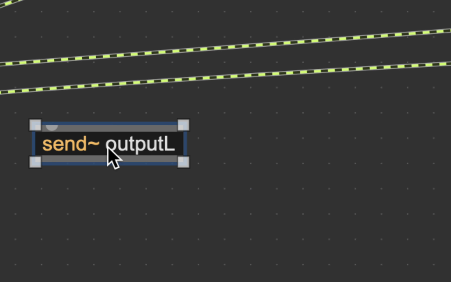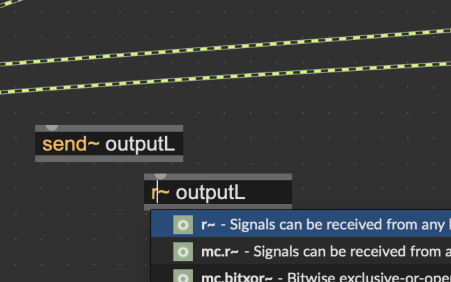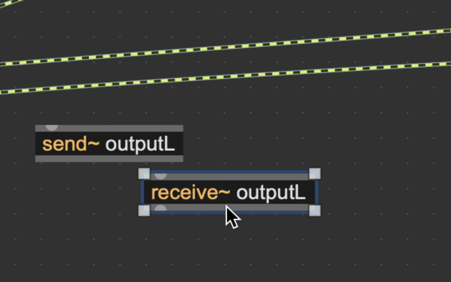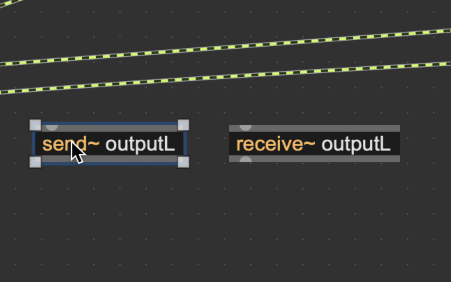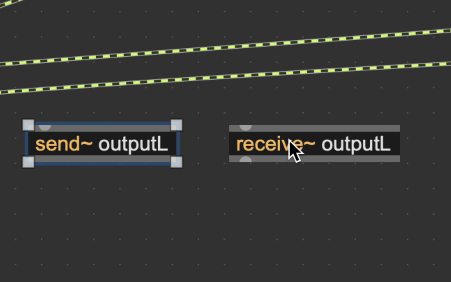And then have a receive tilde output left, and this will allow me to send a signal out and receive a signal somewhere else without a cable. And it can be really useful, obviously, to clean up all this.